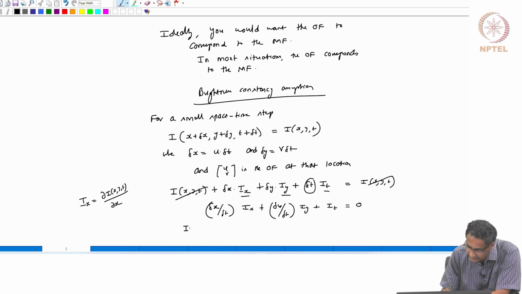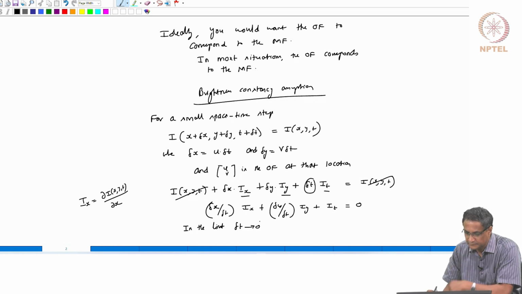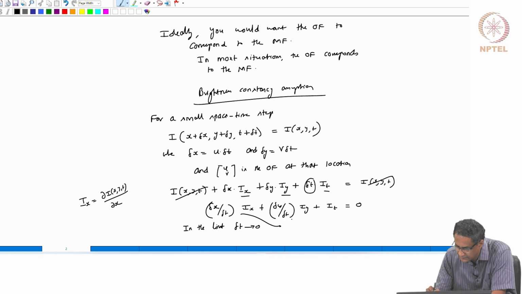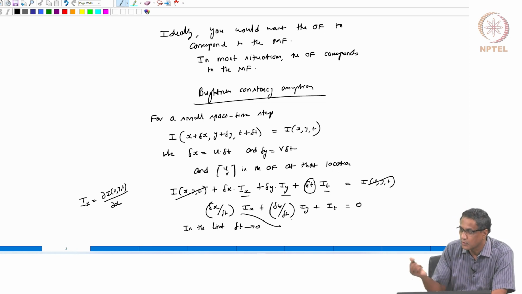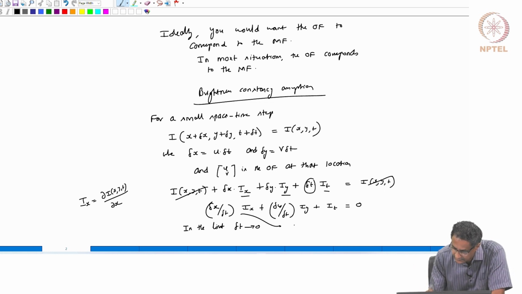Now, in the limit that delta t tends to 0, delta x by delta t is your u velocity, that is your u component. Delta y by delta t is your v component. Therefore, this becomes u Ix plus v Iy plus It is equal to 0.